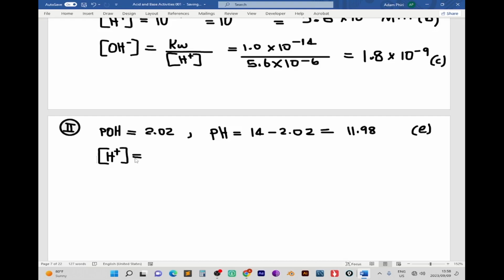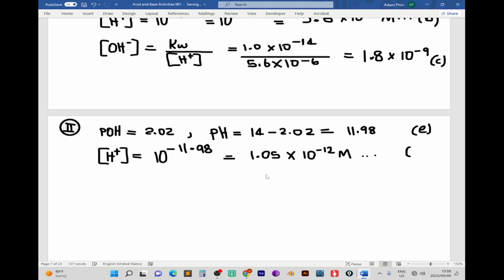And then we have the concentration of acid. So that will be our value for E. The concentration for the acid there will be 10 to the exponent negative pH, which gives us 1.05 multiplied by 10 to the exponent negative 12.